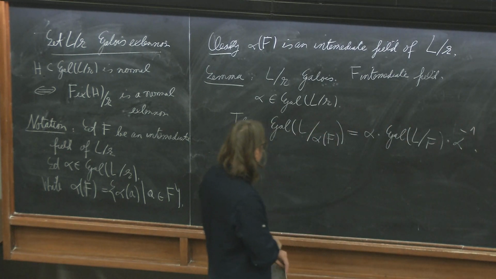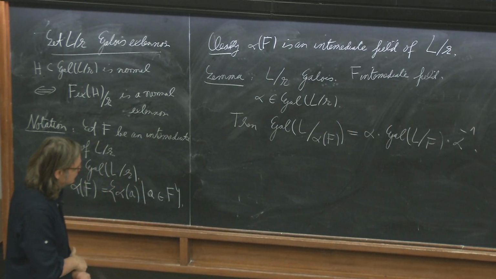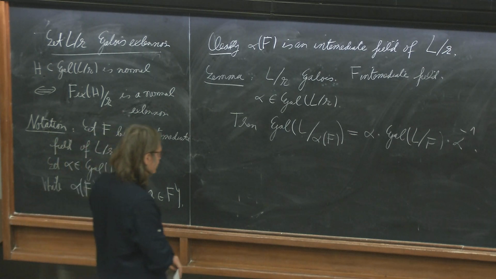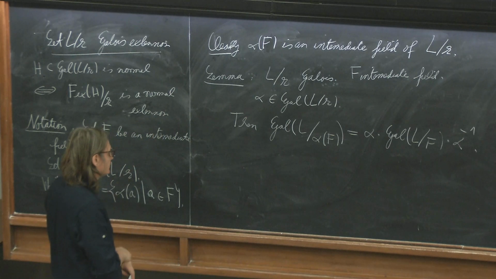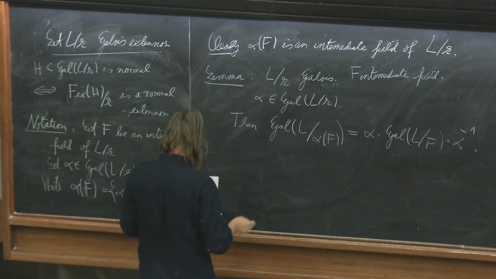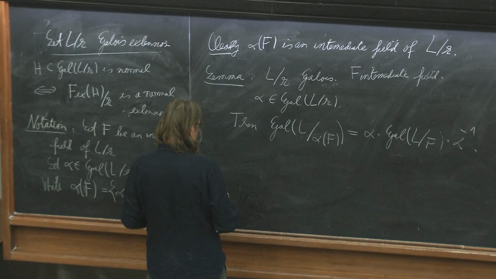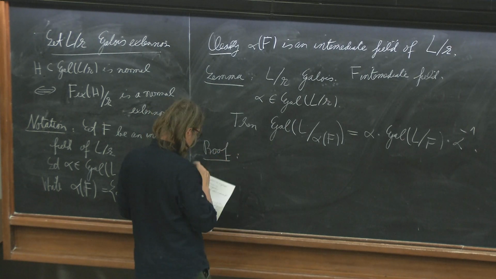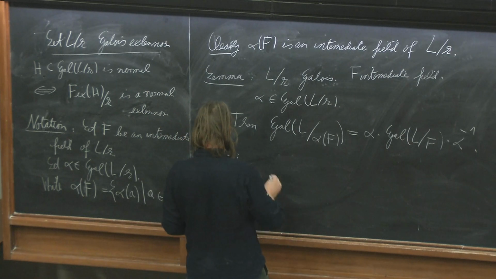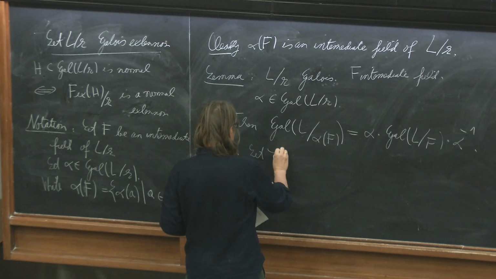So it's obtained from the other Galois group by conjugation. So it's a conjugate subgroup of the other Galois group. And this is actually essentially trivial, just by definition. Just write it down. So let's take any element phi in the Galois group.